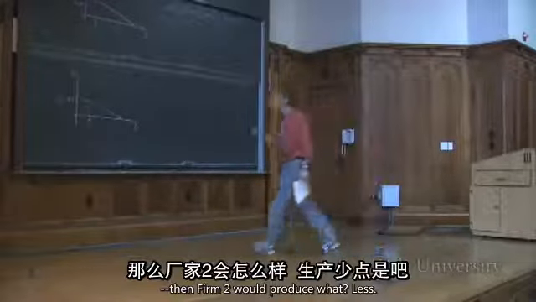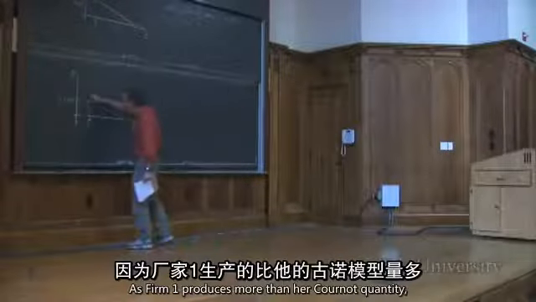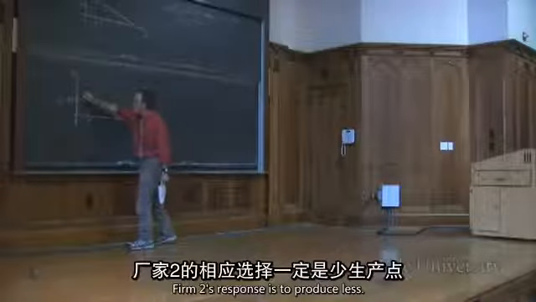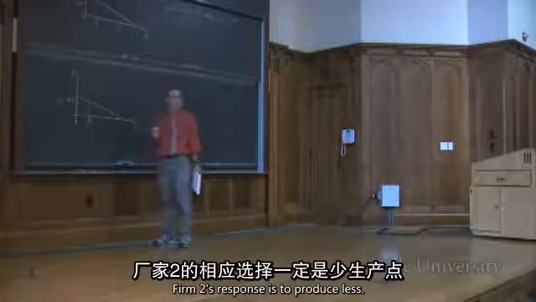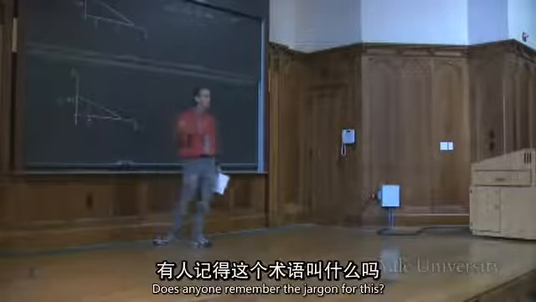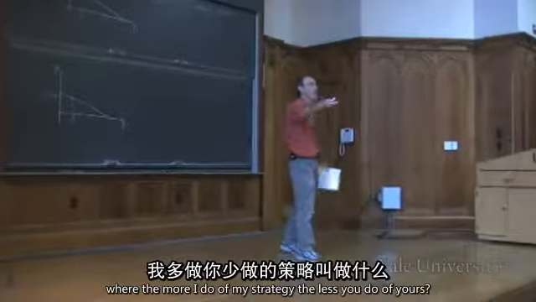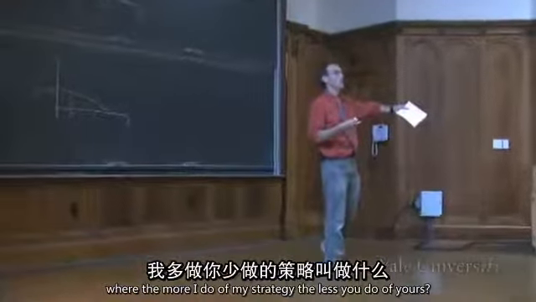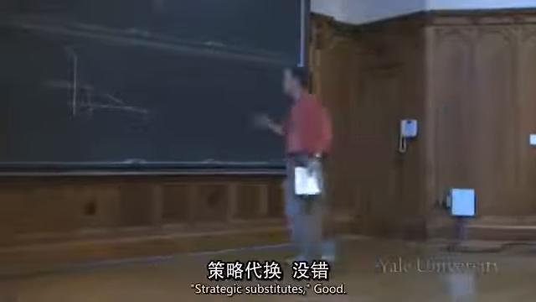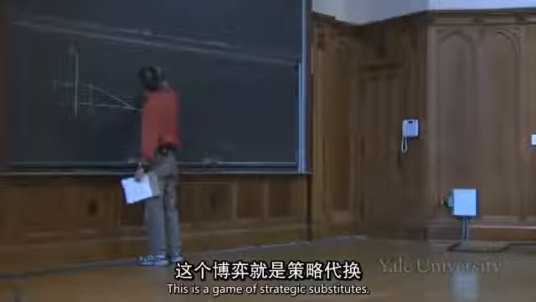Less, all right? As firm 1 produces more than her Cournot quantity, firm 2's response is to produce less, all right? Does anyone remember the jargon for this? What do we call games where the more I do of my strategy, the less you do of yours? Strategic substitutes. Good. This is a game of strategic substitutes.